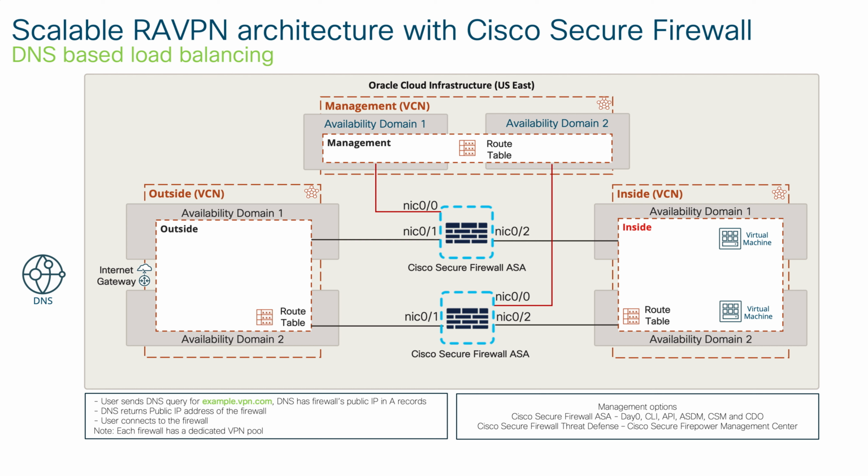So imagine your customers are interested in deploying a scalable architecture. You can design the architecture in such a way that you will have multiple firewalls, and the firewalls will be deployed in multiple availability domains. Now, one thing you should keep in mind is that you will create an FQDN on your DNS, or you'll register a domain name. In this example, I'm using example.vpn.com.